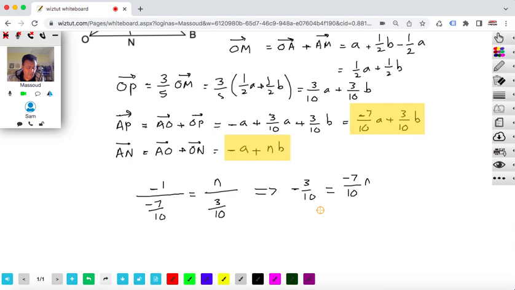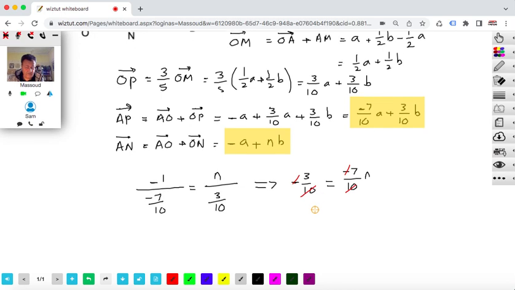If I multiply both sides by 10, the 10s disappear, and the two negatives also disappear, which gives me 3 equals 7n, which means n is 3/7 of the whole thing.